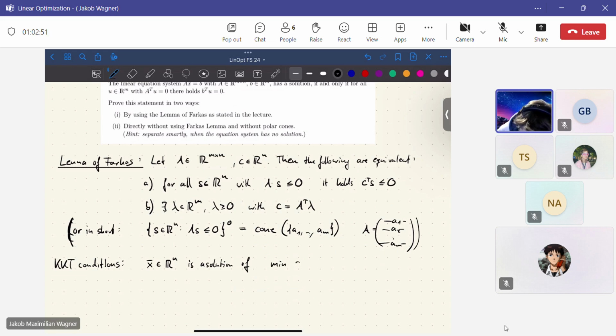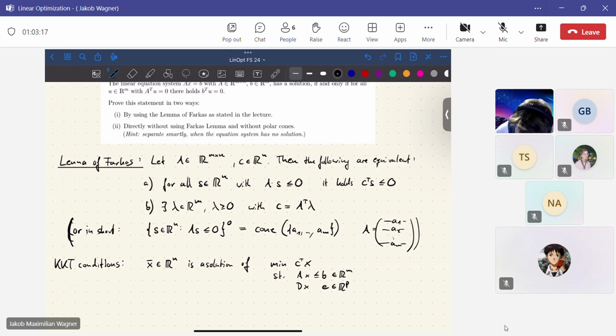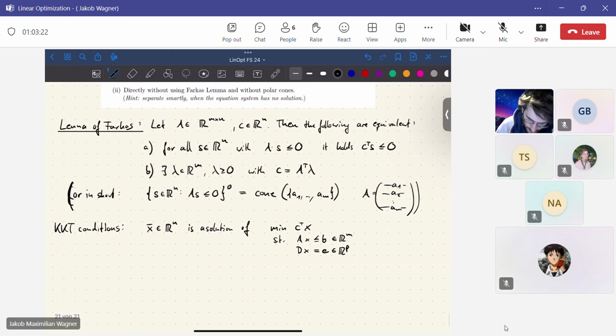So minimize C transpose x such that, and now we again write general conditions, Ax less or equal b and Dx less or equal e, where we have M and P, sorry, this is equal constraints.